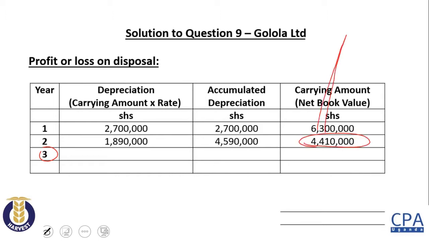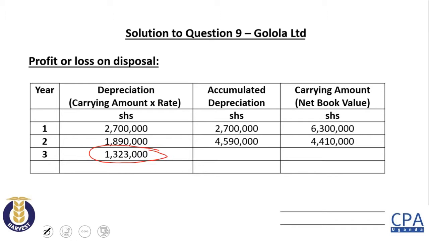As we go to year number 3, our machine has a carrying amount of 4.410 million. So the depreciation charge is going to be 4.410 times 30%. My calculator returns a depreciation charge of 1,323,000 that I'm going to charge in the profit or loss for year number 3.